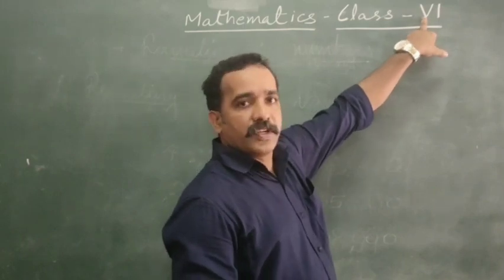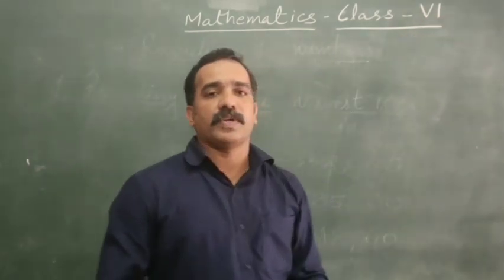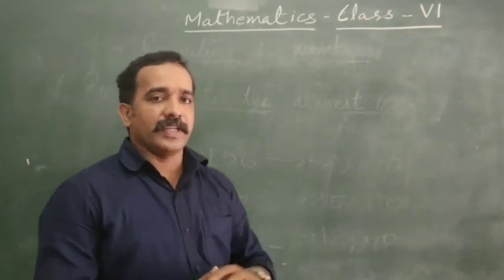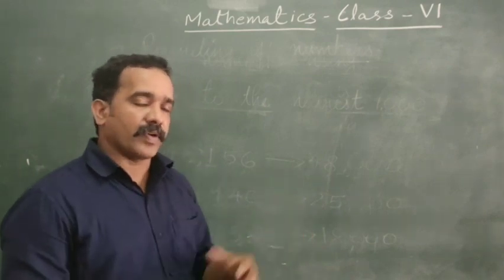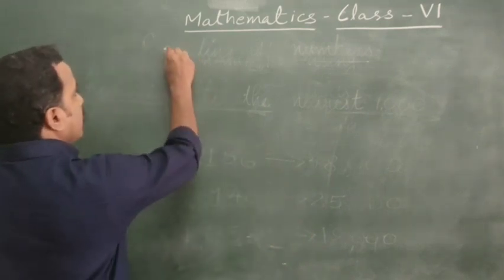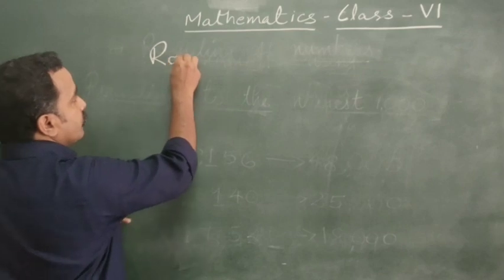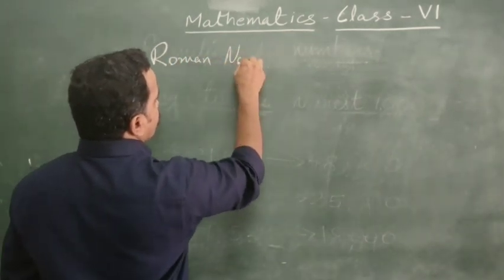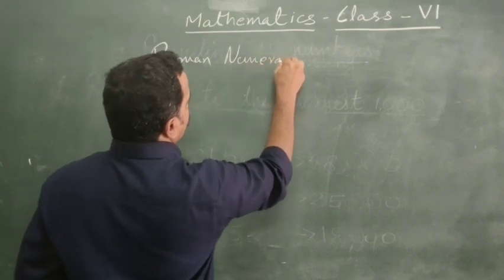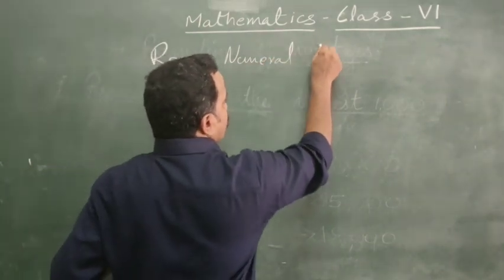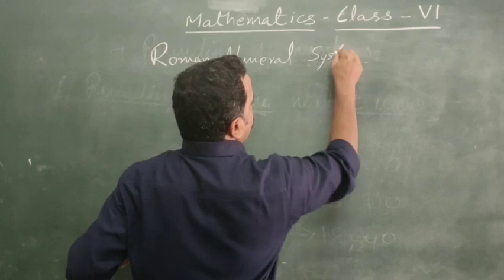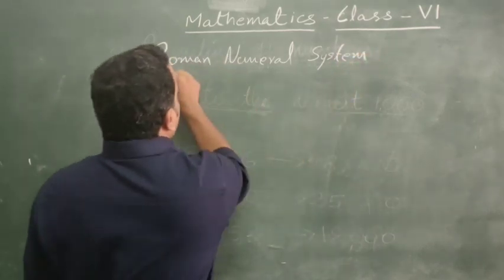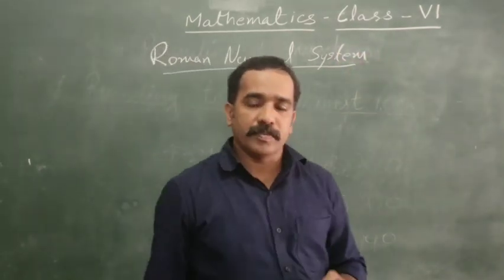You know this symbol, it is 5 and this is 1. 5 plus 1, 6. So we will see in detail. You already studied this in lower classes. So, the Roman numeral system.